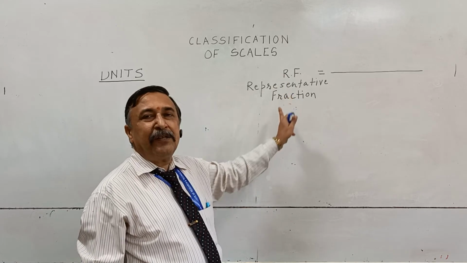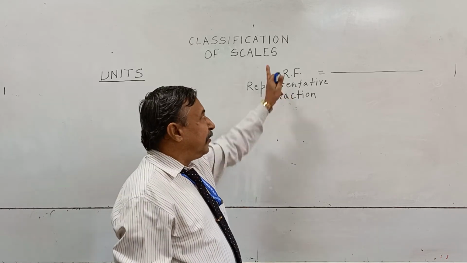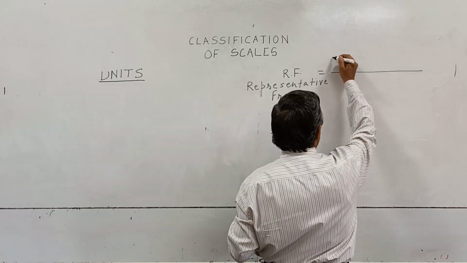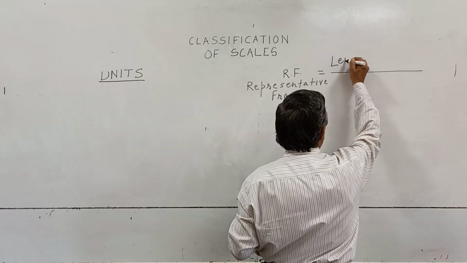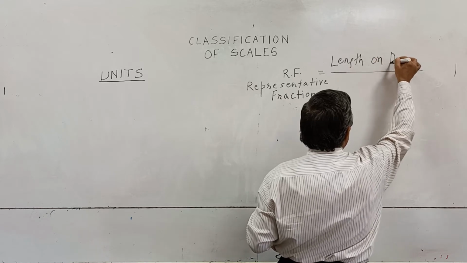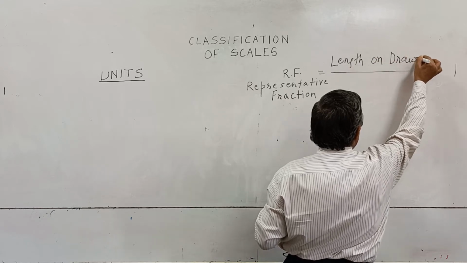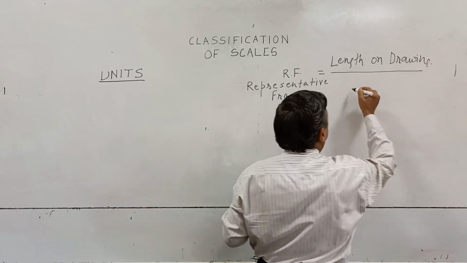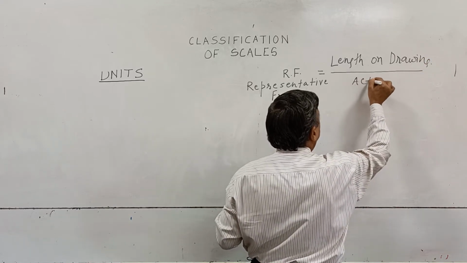Then we classify on the basis of this. So, representative fraction is length on drawing upon actual length.